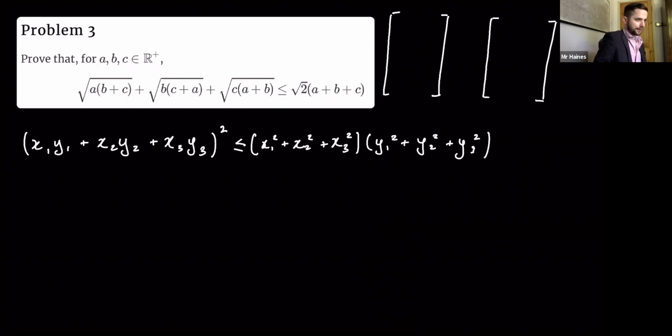Okay, I'll leave you for another couple of minutes, so keep going. See if you can find a choice for these two lists, which would make the Cauchy-Schwarz inequality become this one.